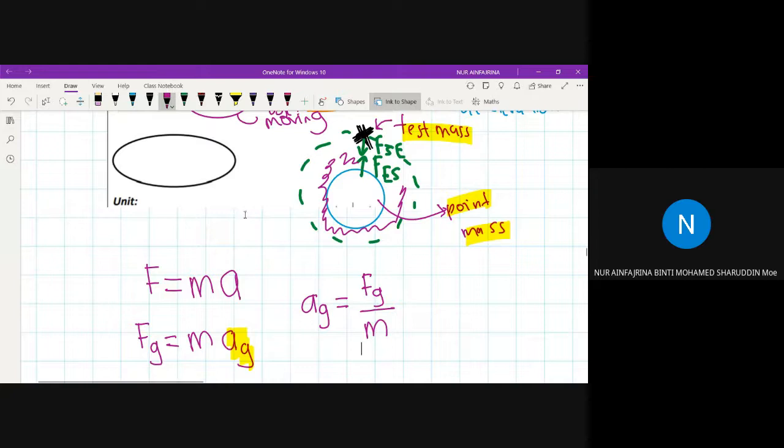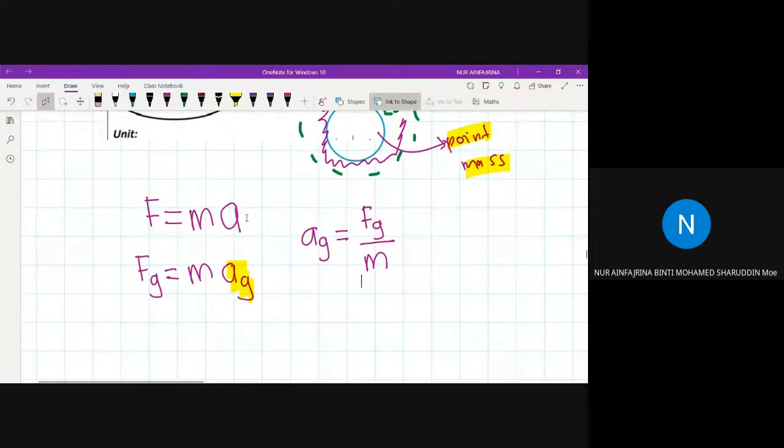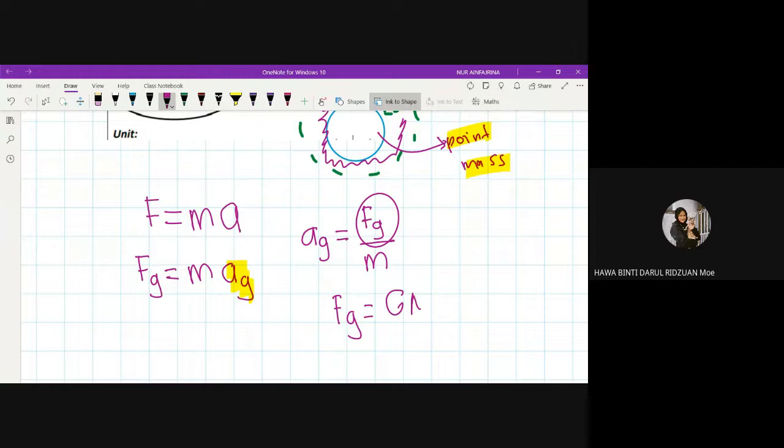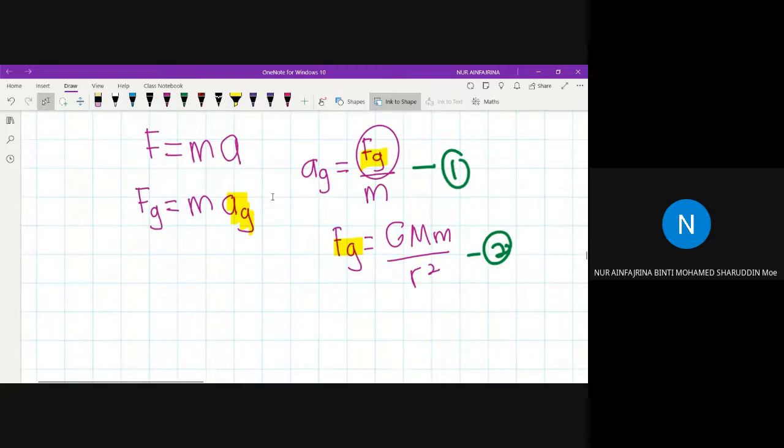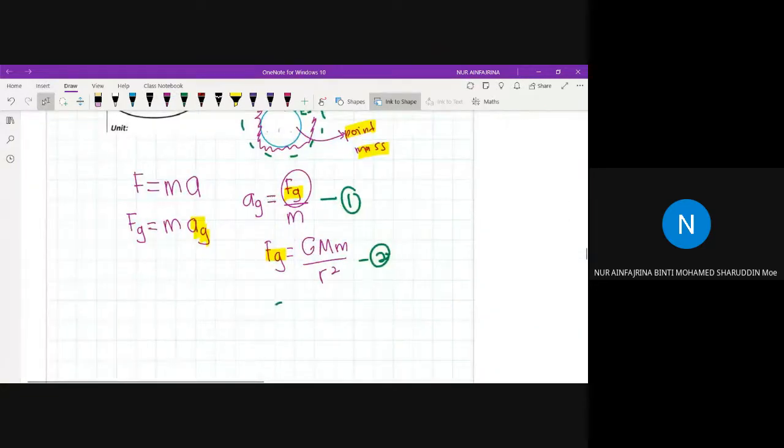Okay, Miss continue lagi. Apakah formula gravitational force? Kita dah belajar tadi. Anyone? G darab M m over r squared. Very good. So now you have gravitational force and gravitational force. This is your first equation and this is your second equation. I'm going to substitute your second equation into 1.